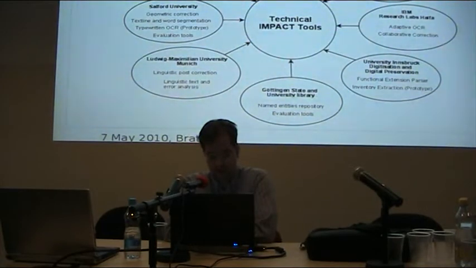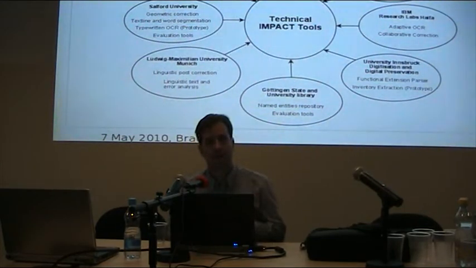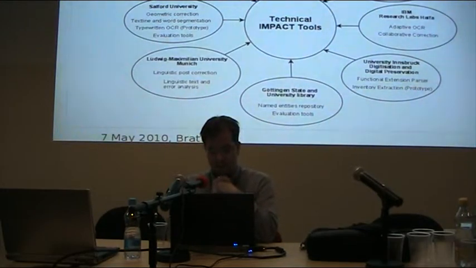They also develop evaluation tools which mainly make use of ground truth data. That means corrected OCR results, which can then be compared to the actual results that are given back from the OCR recognition process, and you compare the ground truth data against the actual results and see how this workflow improves your recognition process.